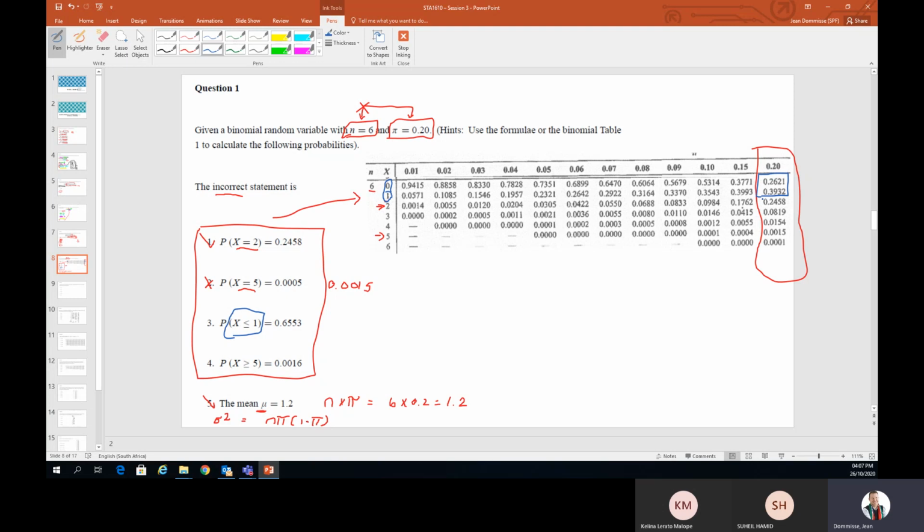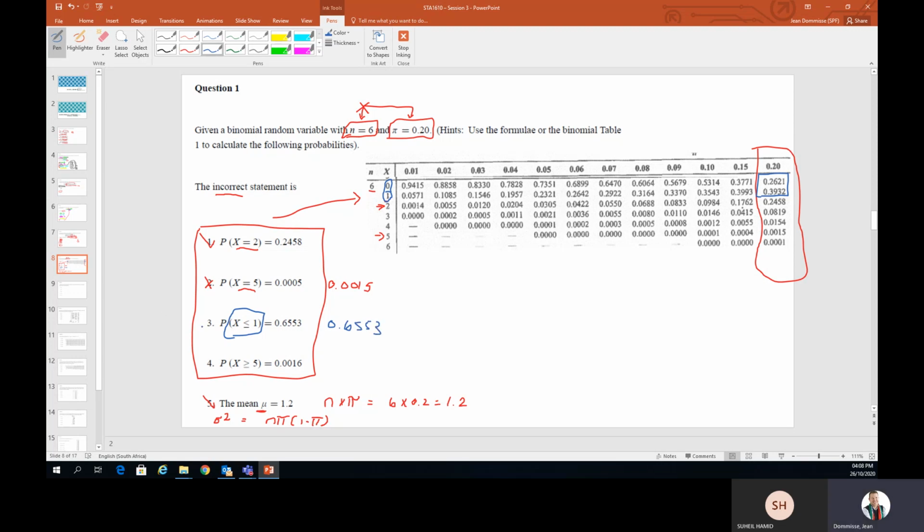If we want to work out the probability of x equal to or smaller than 1, it is 0.2621 plus 0.3932, and that is equal to 0.6553.